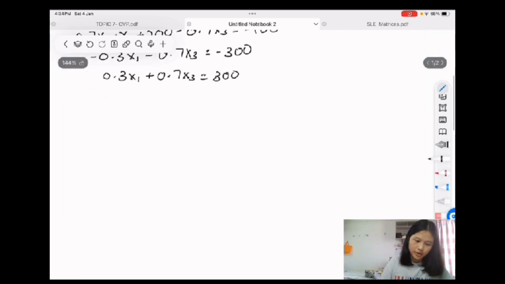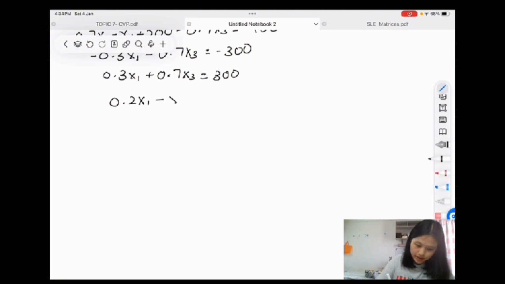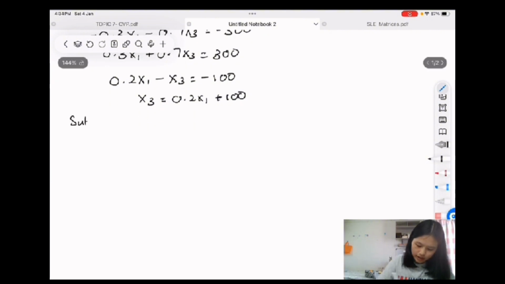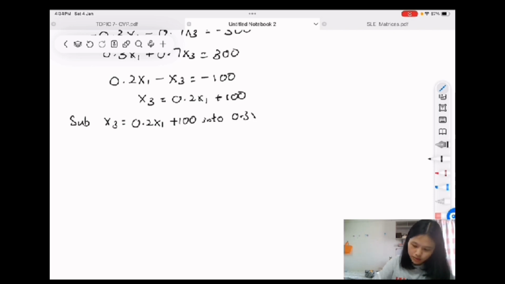Next, for the third equation, 0.2x1 minus x3 equals negative 100. So x3 equals 0.2x1 plus 100. We substitute x3 equals 0.2x1 plus 100 into 0.3x1 plus 0.7x3 equals 300.